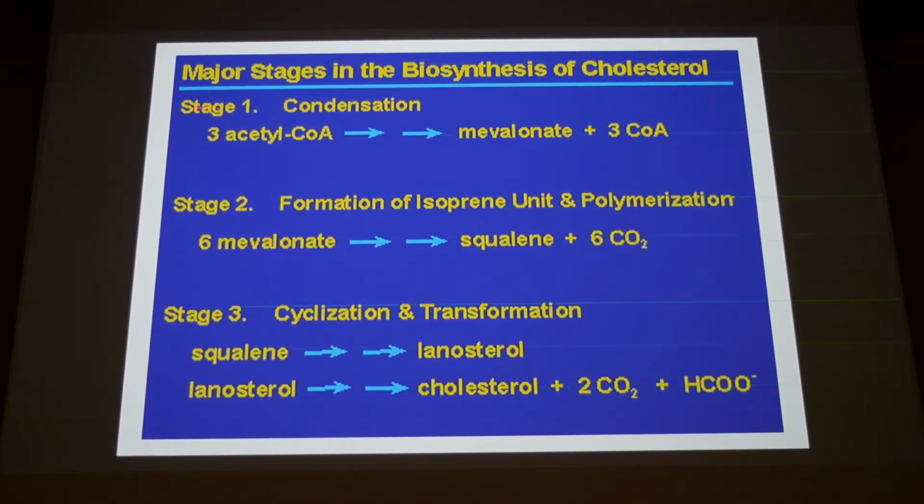The 3 major stages are: 1, the formation of mevalonate from acetyl coenzyme A, which is called condensation reaction. Stage 2 is the formation of squalene from mevalonic acid, which is called polymerization. And 3, which is cyclization and transformation reaction, is the formation of cholesterol from squalene through the formation of lanosterol.